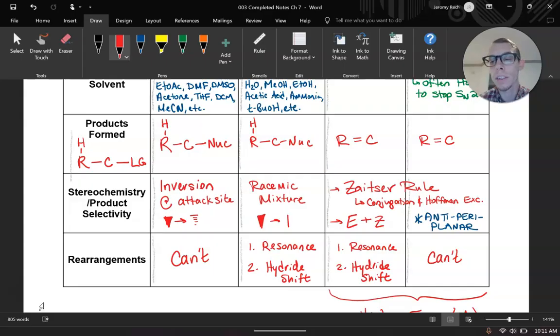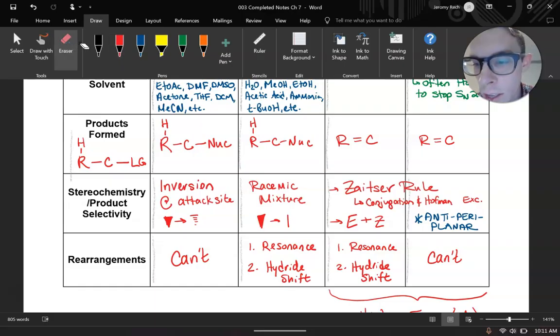So Hofmann elimination, which I actually spelled wrong, it's only one F and two N's, involves a big, bulky leaving group, especially like a quaternary amine.